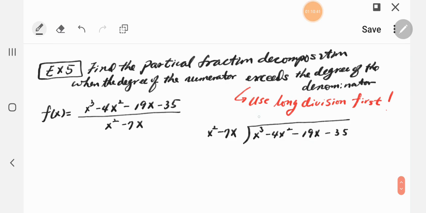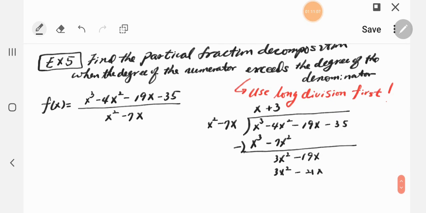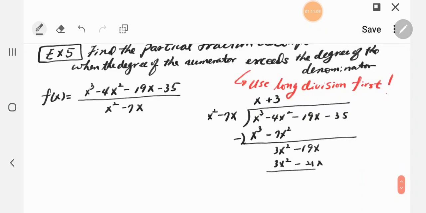Okay, then the first part is x, so this will be x cubed minus 7x squared, and then subtract, then this will be 3x squared minus 19x, and the second part is plus 3, then 3x squared minus 21x, subtract, then plus 21, so 2x minus 35.